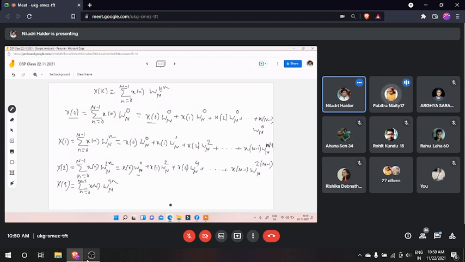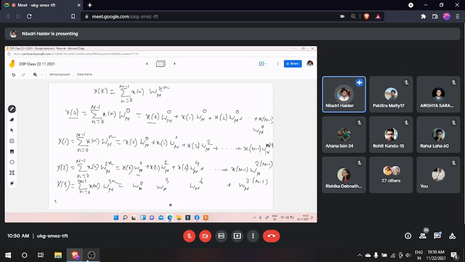It will go forward like 0, 3, 6, 9, like that. So the coefficients will be Wn^0, Wn^3, Wn^6, Wn^9, like that, and the last value will be Wn to the power 3 into N minus 1.